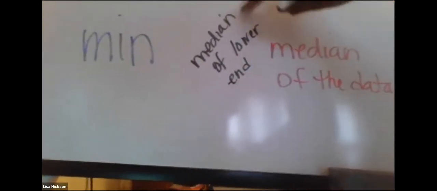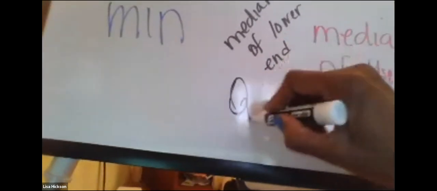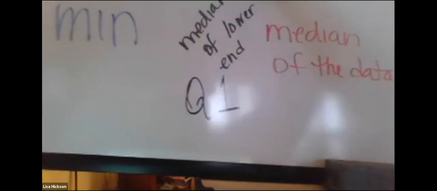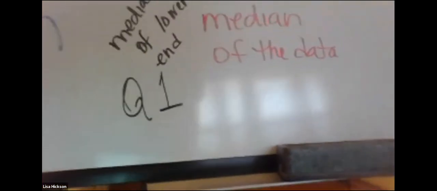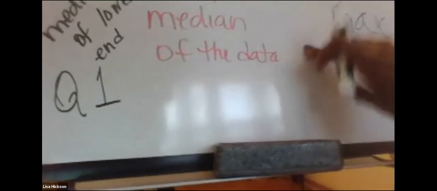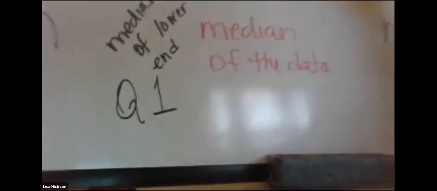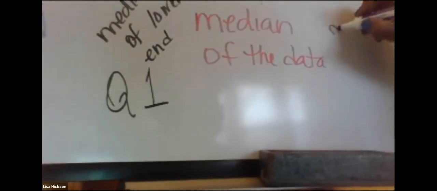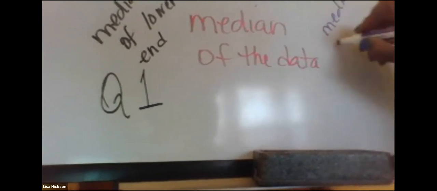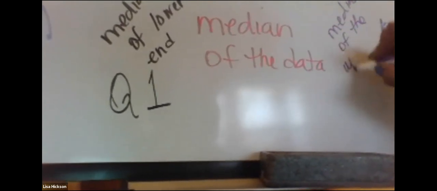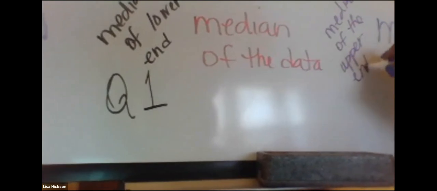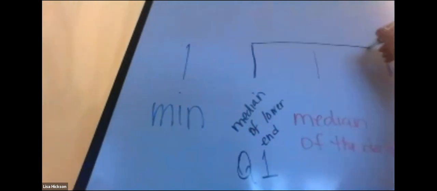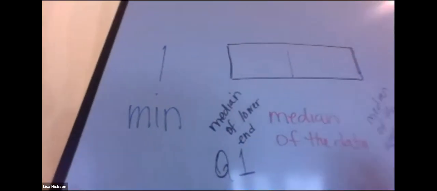So now this number, which they call Q1, is the median or the middle of the first part. And then back here, Q3 is the median of the upper end. And then you just draw a box. So connect them. Here's the box. And there's the whiskers. Boop.